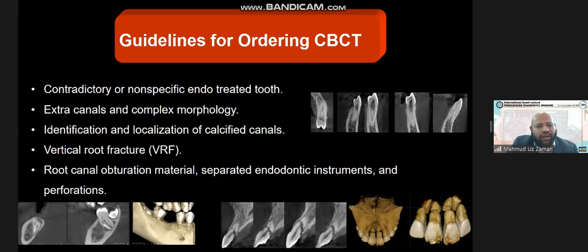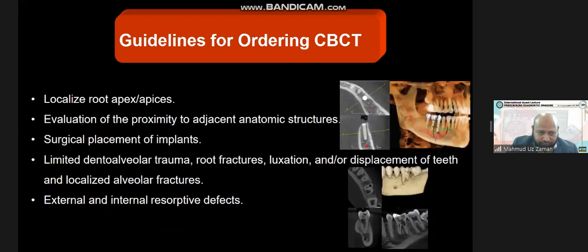Or the root canal obturation material, separated instrument, or perforation, we'll allow CBCT. Or sometimes you need to localize the root apex and the proximity of adjacent anatomic structures, whether it is very close to the mental foramen or inferior alveolar canal.